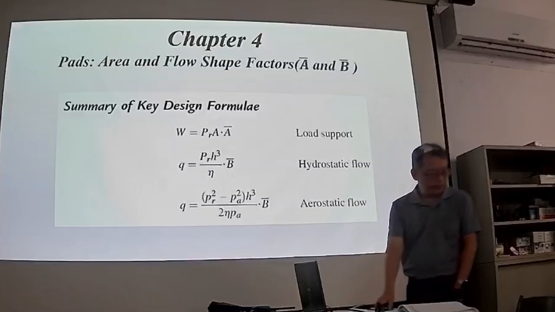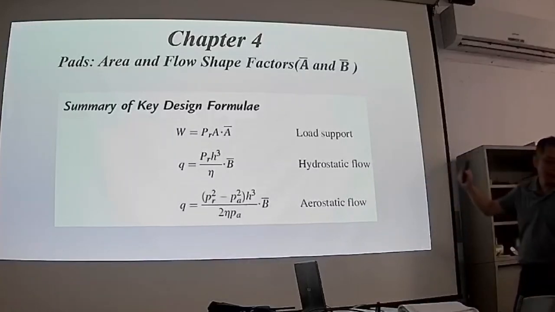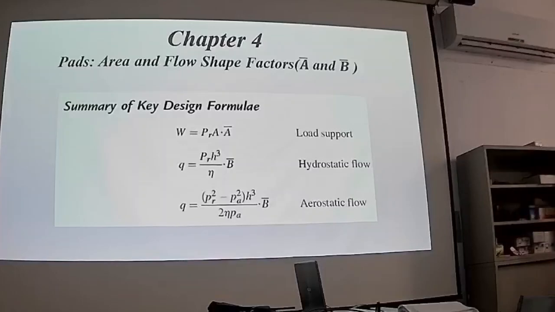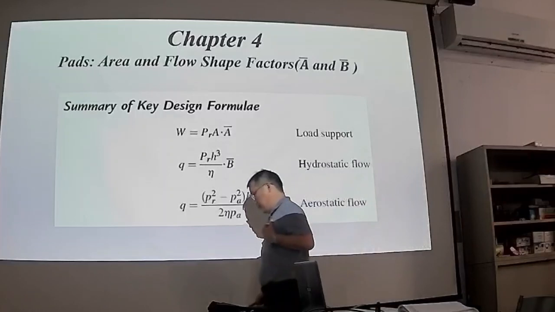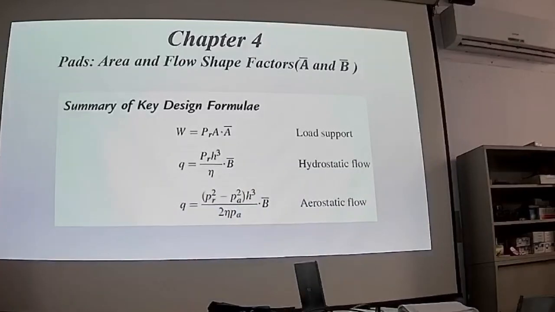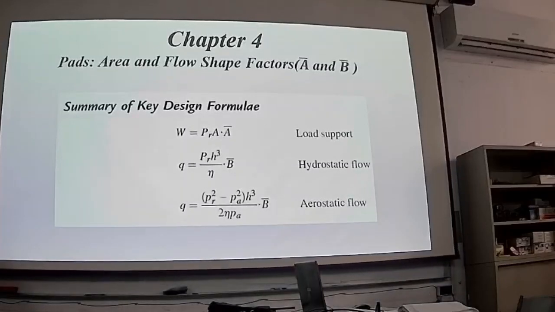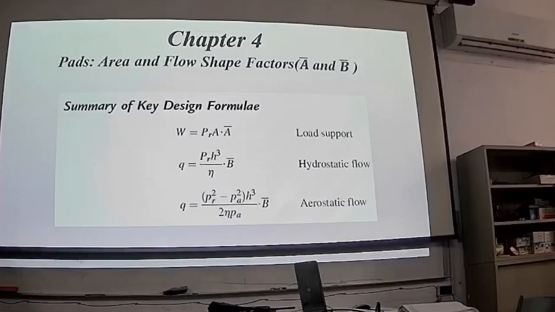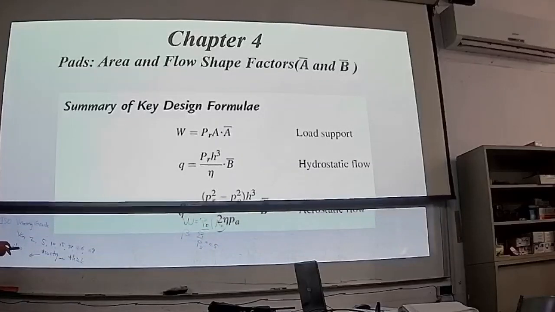So in chapter 4, we mainly discuss the bearing pad area, how we can calculate the pad area. Because for us, the mechanical property of the hydrostatic bearing, especially the load carrying capacity, is what we are interested in.